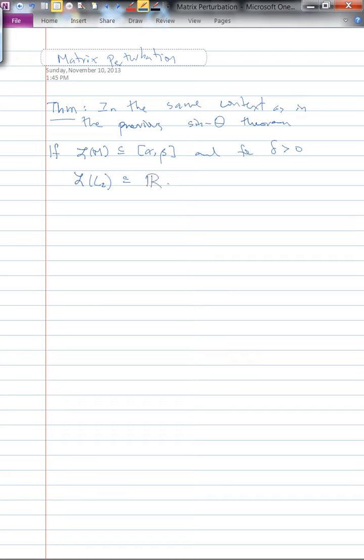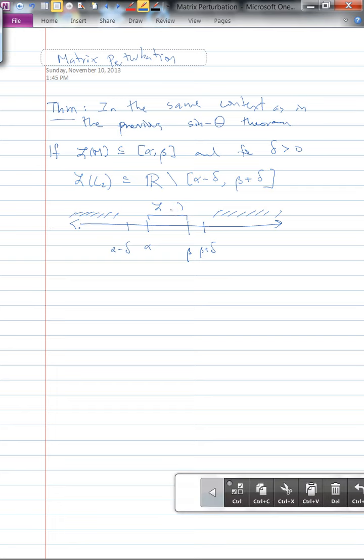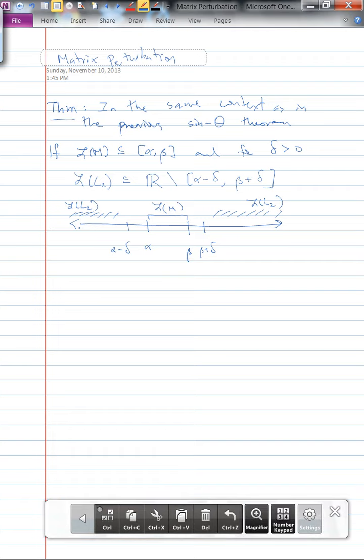So it's contained in R, so in other words, if this is alpha plus beta, the spectrum of L2 is here, and then the spectrum of M lies in here, and then the spectrum of L2 is restricted to lie outside.